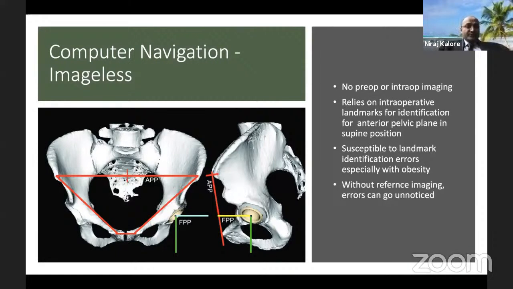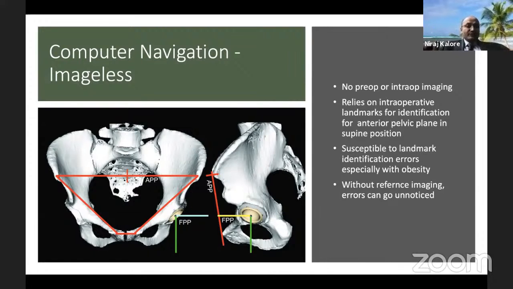So even though I have used the CT scan here to illustrate, in an imageless navigation, there is no preoperative CT scan, there is no intraoperative imaging. This relies on identification of the anterior superior iliac spine and the pubic symphysis on both sides, and measurement or simulation of this anterior pelvic plane.